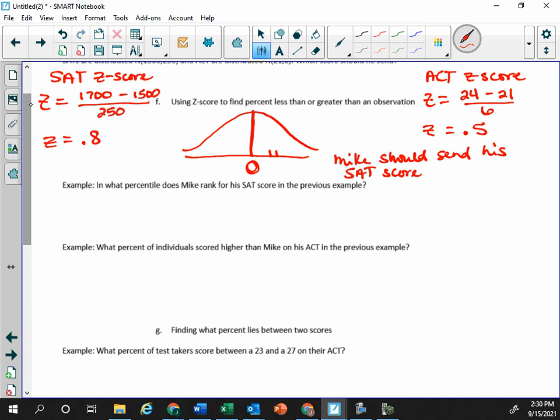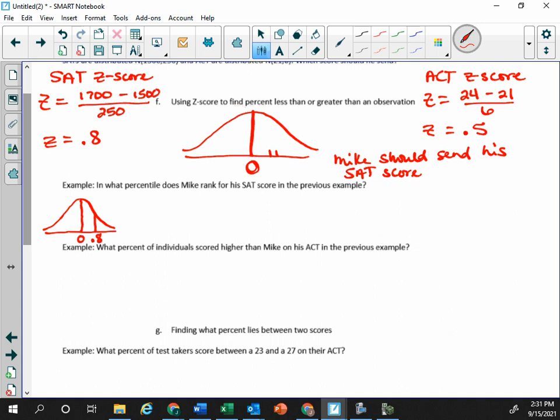So always make a picture when you're doing these because it makes it so much simpler to see what you're looking for. So if I'm looking at the standardized score, meaning the standard normal distribution, 0 is the mean, and he had a z-score of 0.8, so I know he was somewhere above the mean, right? 0.8 would be somewhere to the right.